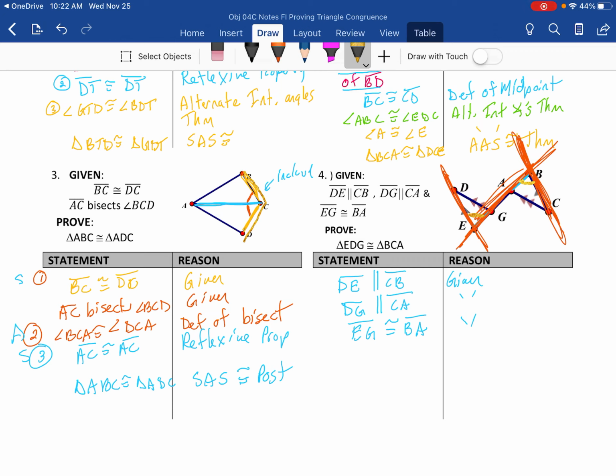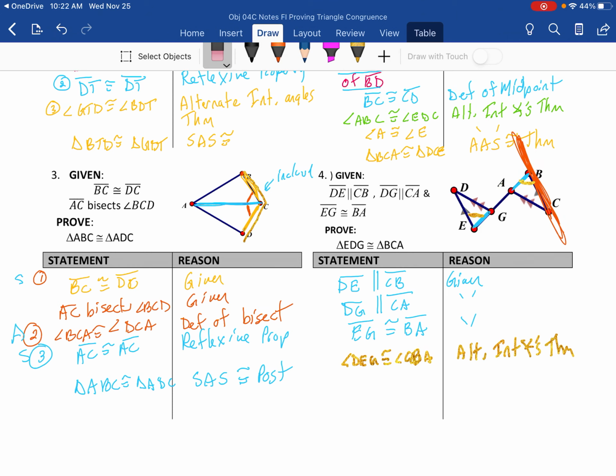So one of the things I'm going to be able to write is I know that angle DEG must be congruent to angle CBA, by the alternate interior angles theorem. And most of the time it is going to be alternate interior angles. Okay, so I have that.